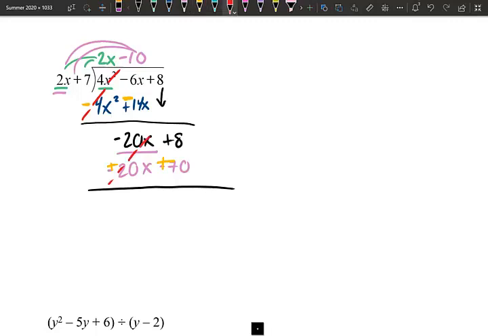That was our goal, because negative 20x plus 20x. And we have 8 plus 70. That's 78. How do I know I'm done? Can 2x ever be 78? Numerically, yes, but the 78 does not have an x. So 2x can never multiply to 78. So that's what we call our remainder.